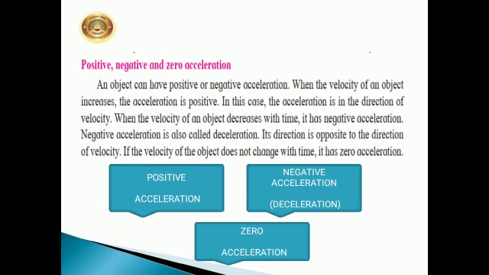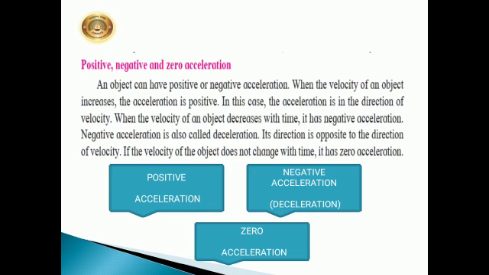Positive, negative and zero acceleration. An object can have a positive and a negative acceleration. When the velocity of an object increases, the acceleration is positive. Here, the acceleration is in the direction of velocity. When the velocity of an object decreases with time, it has negative acceleration.